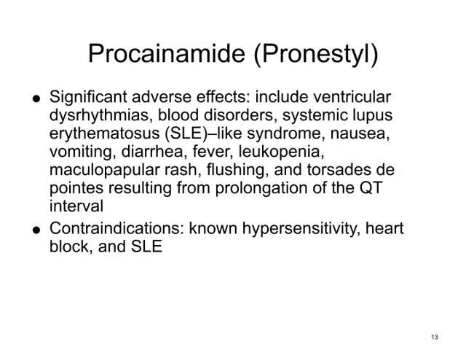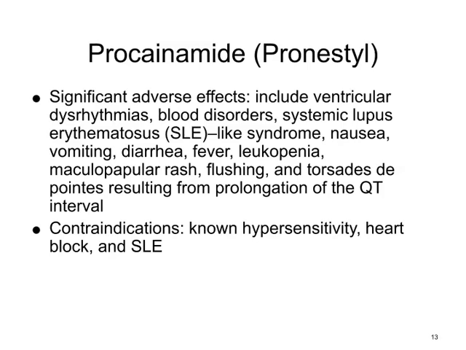So procainamide has some serious adverse effects in here, and I have them listed. So it can actually cause dysrhythmias, and that's something to think about as we talk about antidysrhythmic drugs, is that most of the antidysrhythmic drugs have the potential to cause dysrhythmias as well.